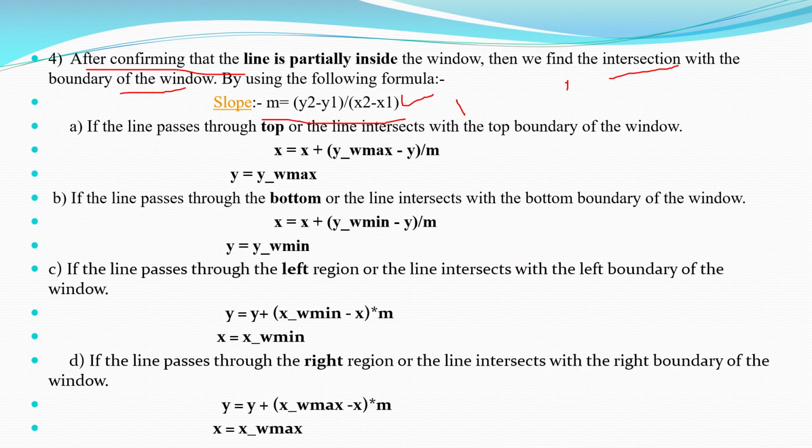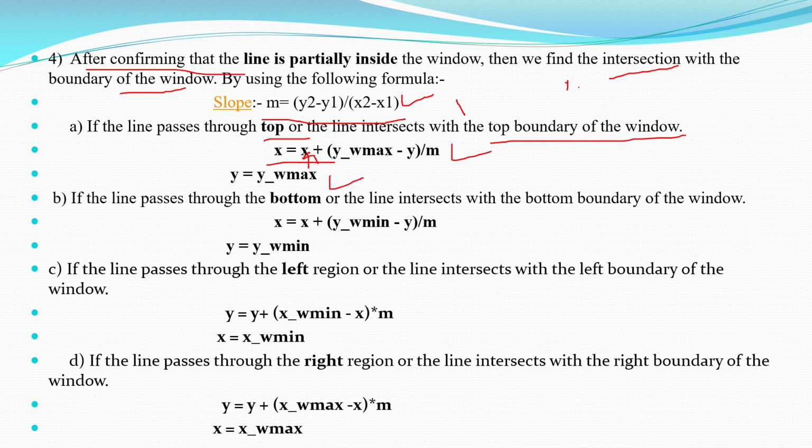as we know, in our example AB is in the top, or the line intersects with the top boundary of the window. Then how do we get the x value? x equals x plus (yw max minus y) divided by m. Here, what are x and y? The point value. It means we take the point B, and find the x value and y value.